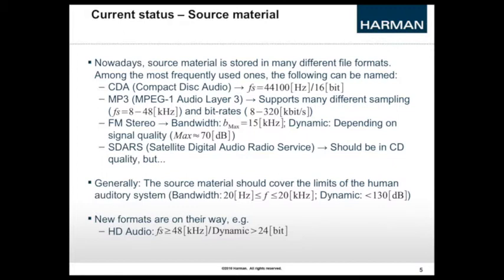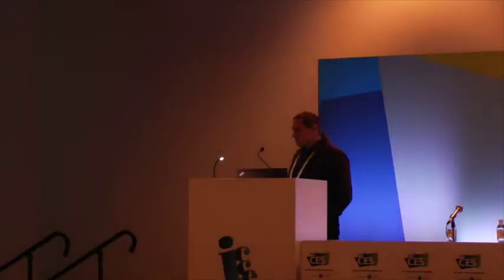But more or less it is because of the dynamic. Here we have a lack, and HD audio is closing this gap. Therefore, it makes sense to have HD audio, at least to be sure that the whole range of our hearing system is covered.